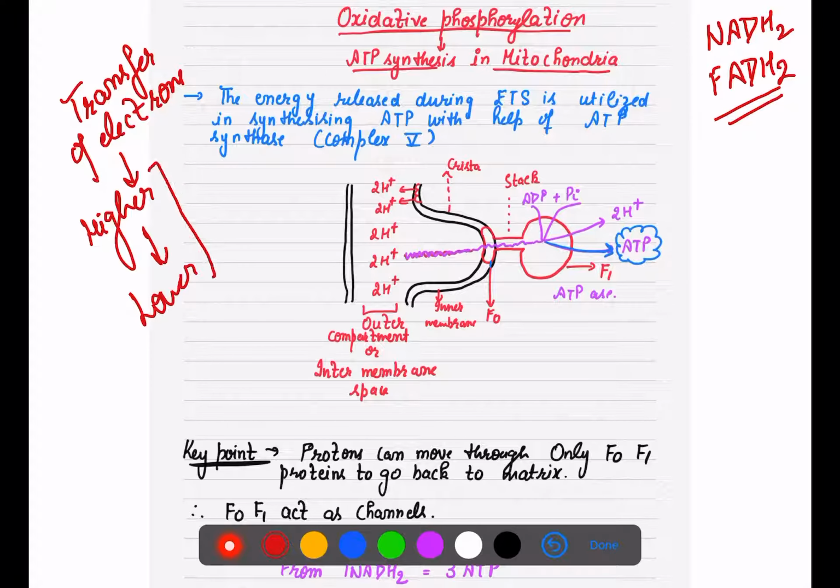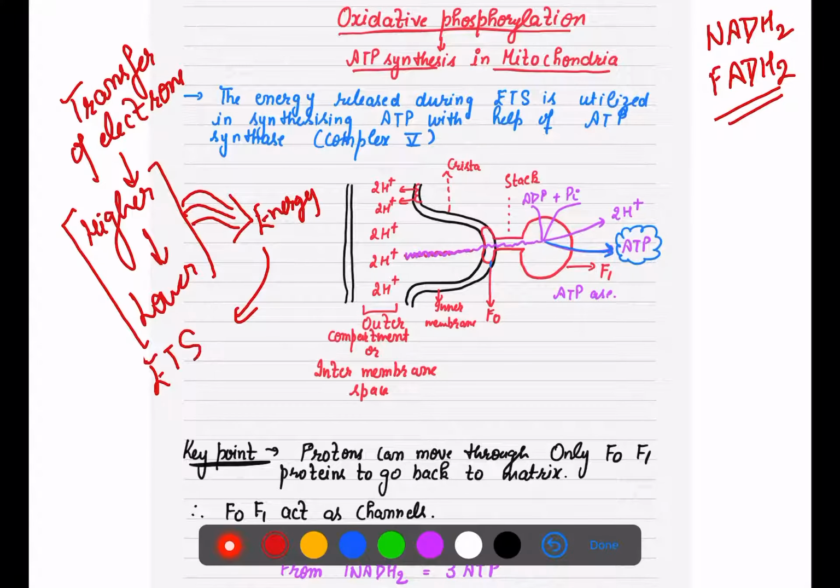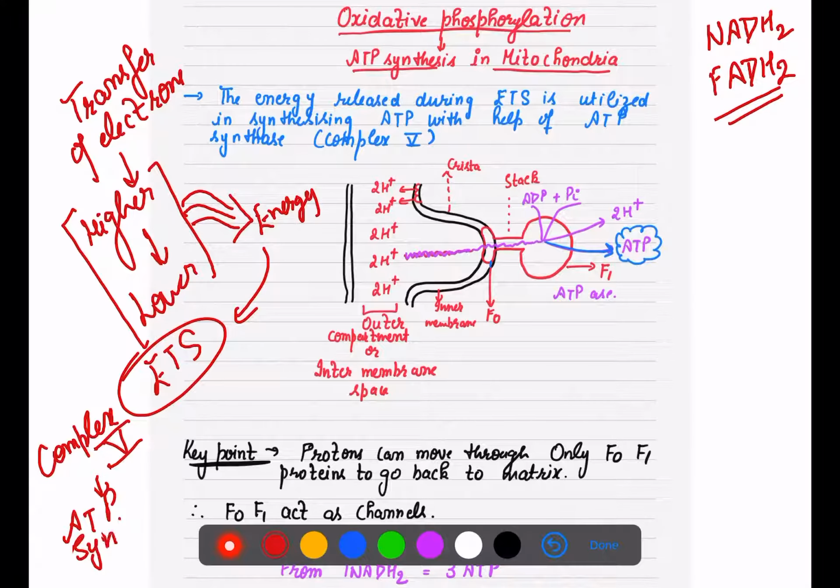This energy released during ETS, that is electron transport system, is utilized in synthesizing ATP with the help of complex number 5, and this complex number 5 is known as the ATP synthase complex.